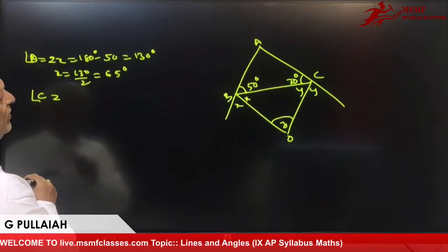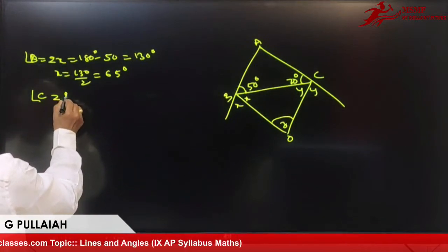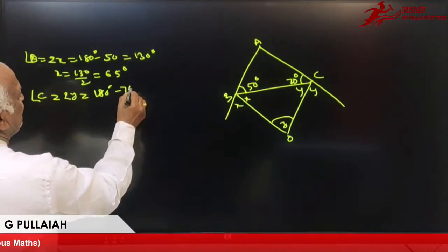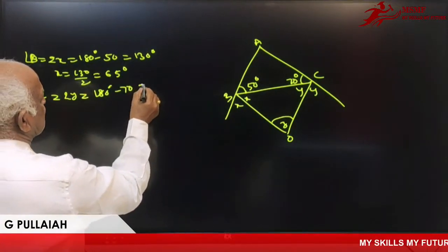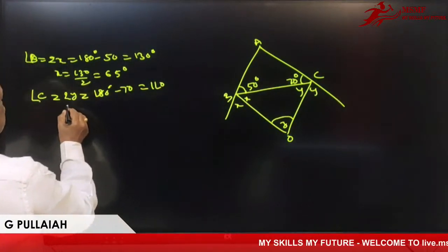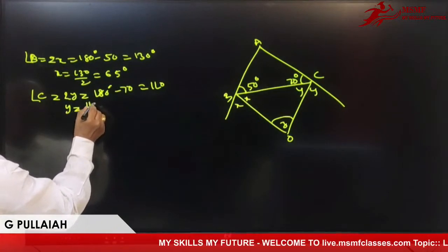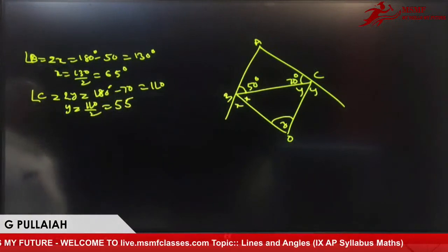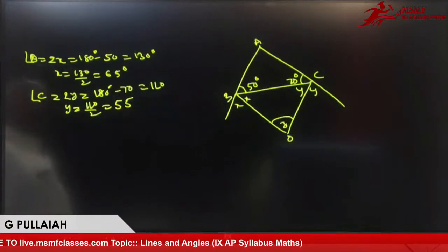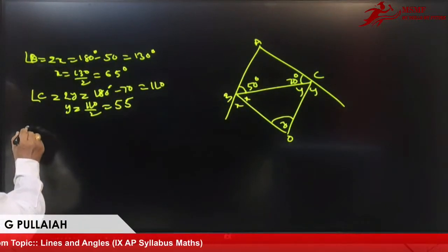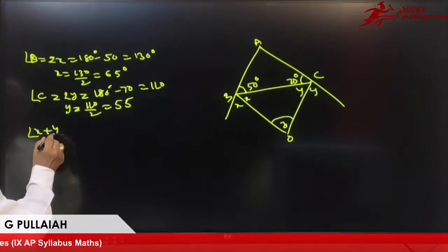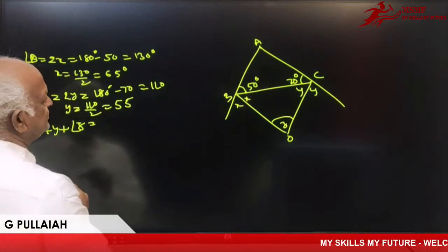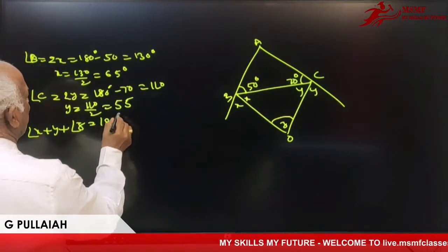Similarly, angle C is nothing but 2y, which is 180 minus 70, that is equal to 110. Therefore y is equal to 110 by 2, that is equal to 55 degrees. Now angle x plus angle y plus angle z is equal to 180.